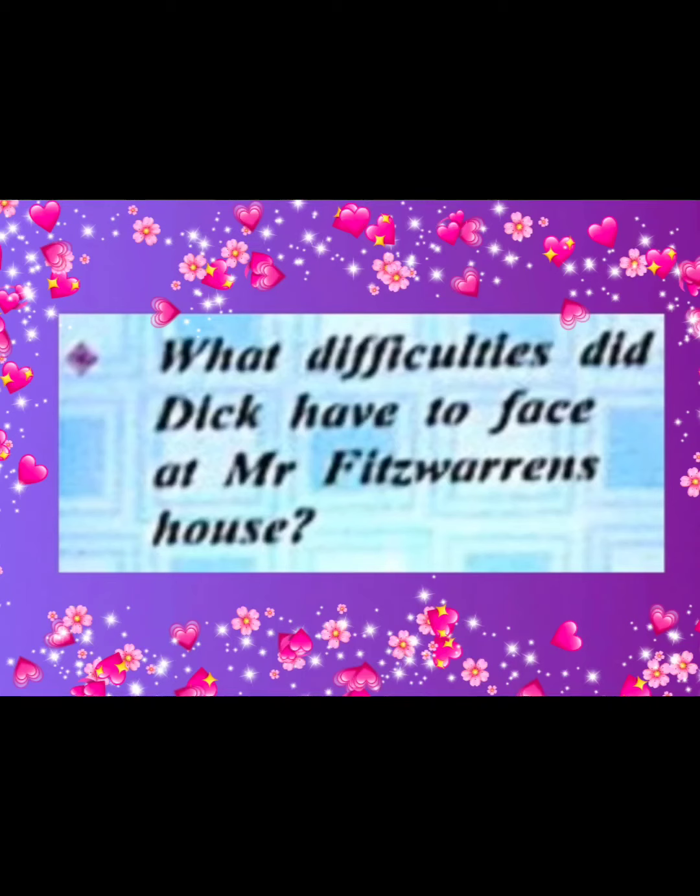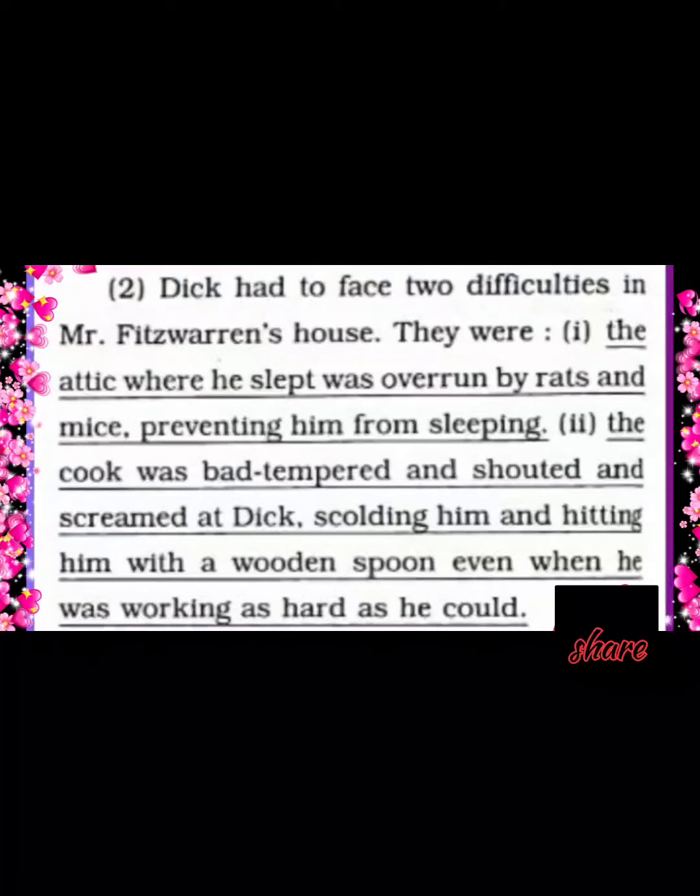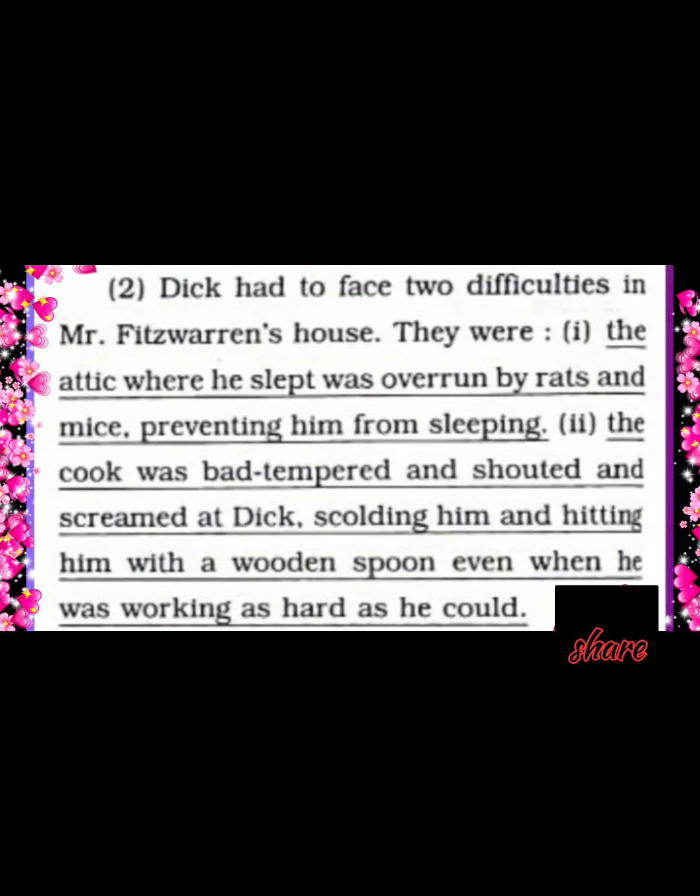Next one is, what difficulties did Dick have to face at Mr. Fitzwarren's house? The difficulties were of 2 types. There were 2 main difficulties. First, he had to sleep with rats and mice because he was given the attic of the house.